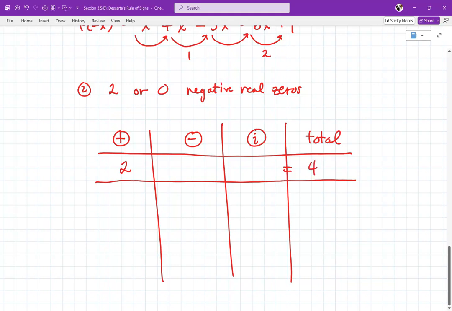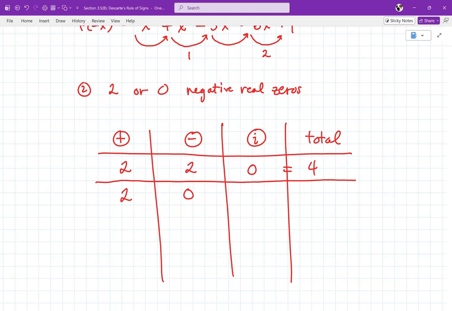What were my options for the negatives? It was 2 or 0, right? So if I have 2 positive and 2 negatives, how many imaginaries can I do? 0. What if I had 2 positives but no negatives? Because that's also an option for my negatives.